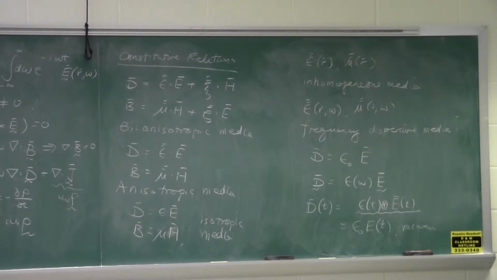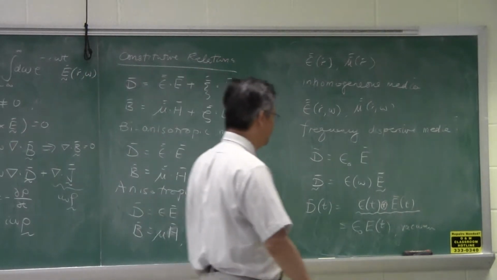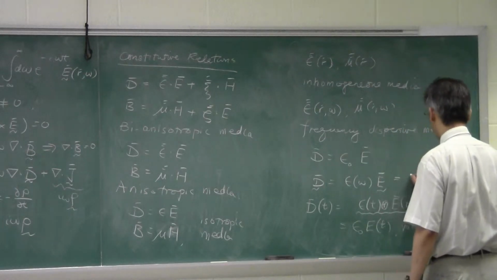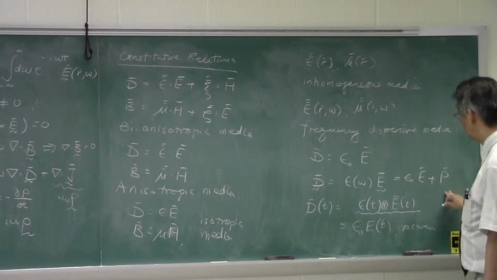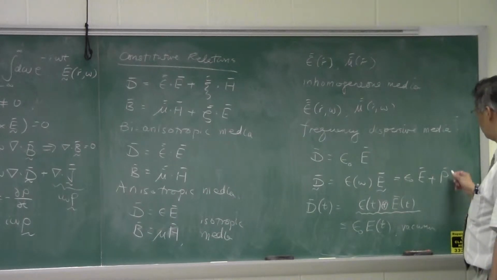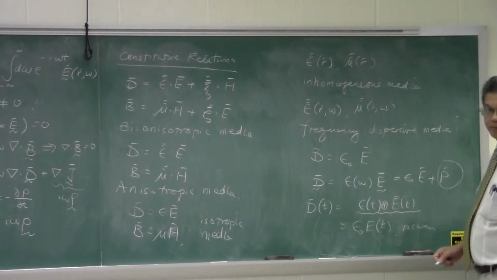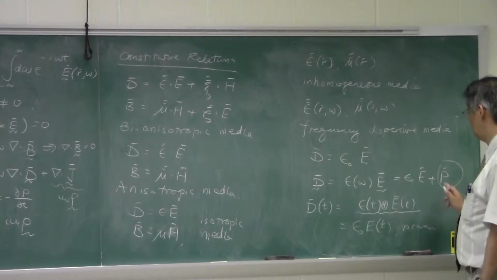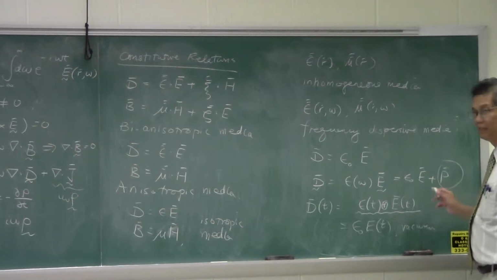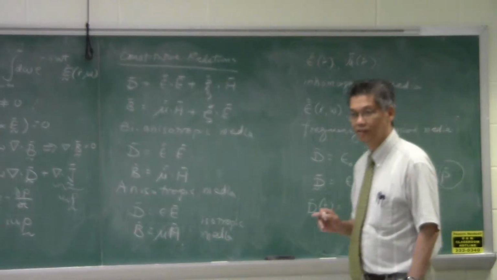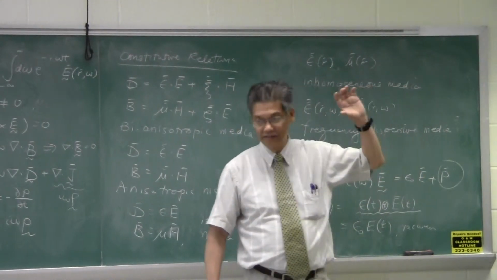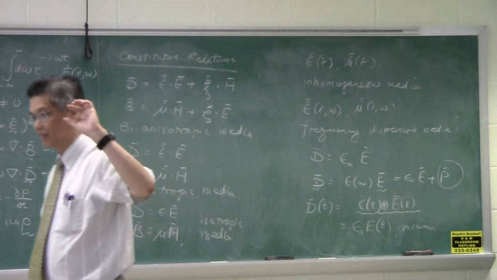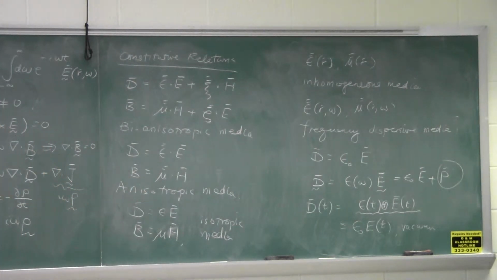You can think of the D as coming from the vacuum part plus a polarization part. The polarization part can be due to dipole moments or atoms in the system that have inertia. They cannot be instantaneously moved. This part cannot be instantaneously changed. If you want to polarize the molecule and atom, it takes a finite amount of time because they have inertia.